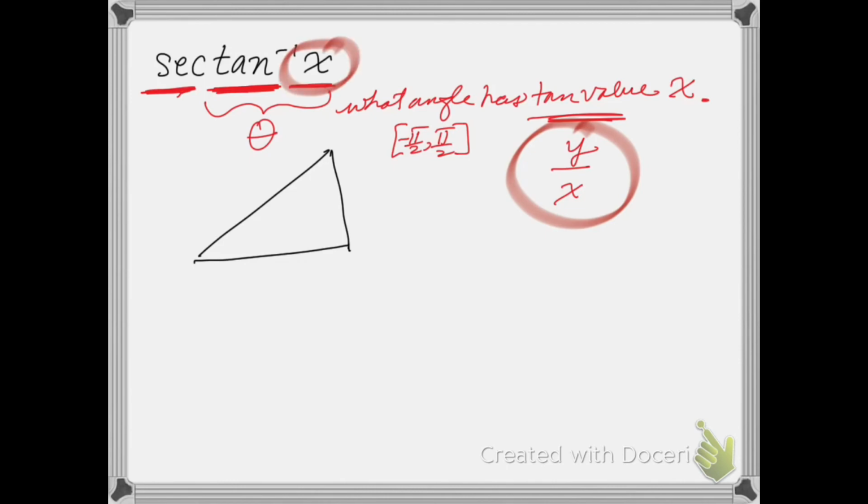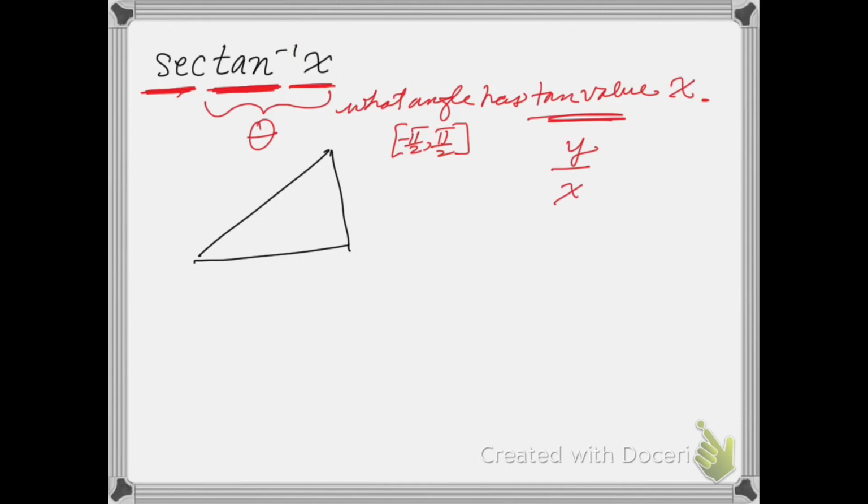A little confusing here maybe because these are two different x's. They look the same, but they're referring to something different. So this is the y over x of the xy coordinates on a unit circle, or any trig circle. And this x is whatever value we're taking the tangent of.